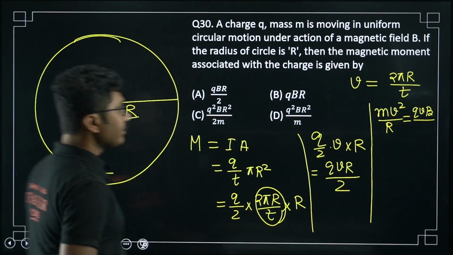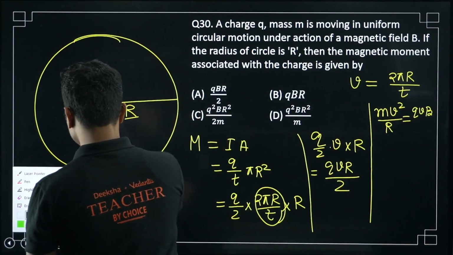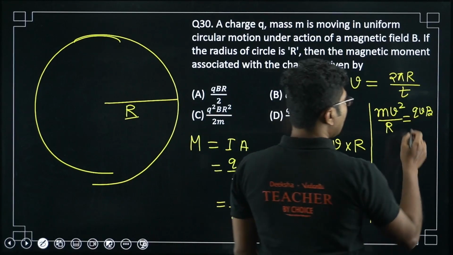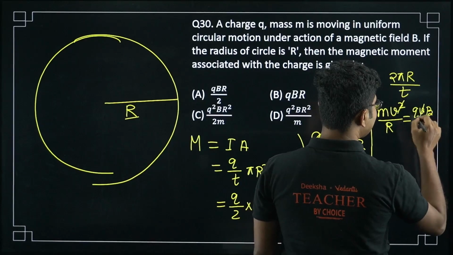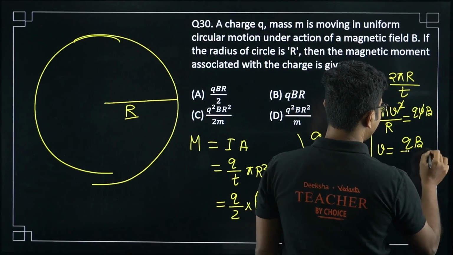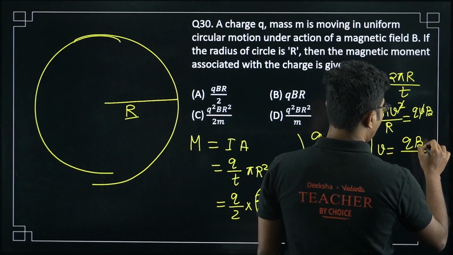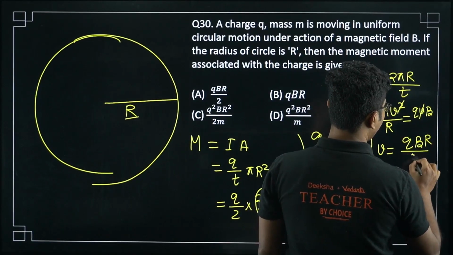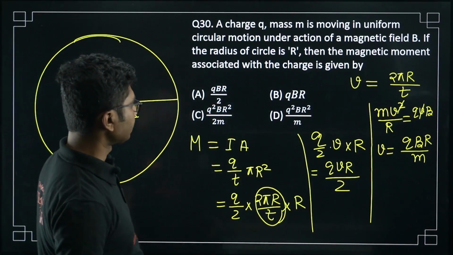So from this equation you have to calculate v, right? Let's do that. One of the v's will be cancelled, so you get v equals q b r divided by m. Now you have to put that value over here.